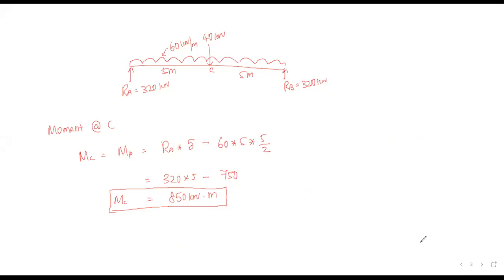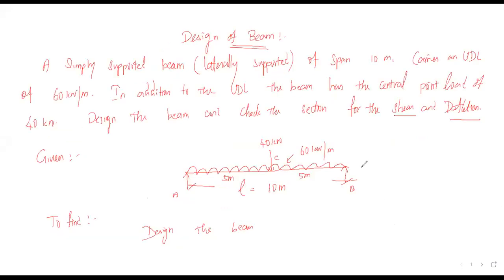Hence the section is satisfying all the requirements. Still we have to do web buckling and web crippling, but in the question they didn't mention checking of the web, so we can simply leave it right now. They have asked only to check the section in shear and deflection, so those two things are satisfied. Okay, thank you.